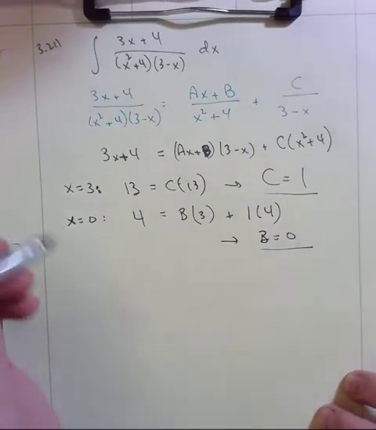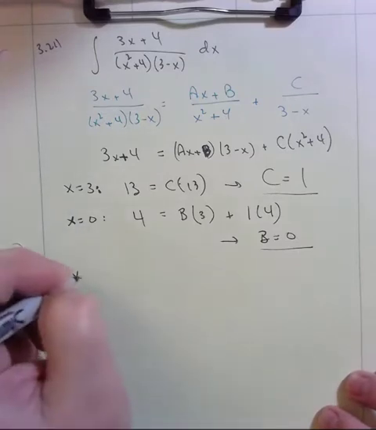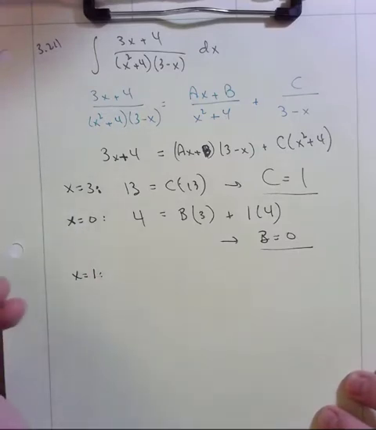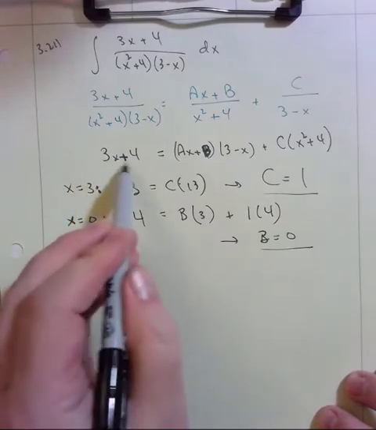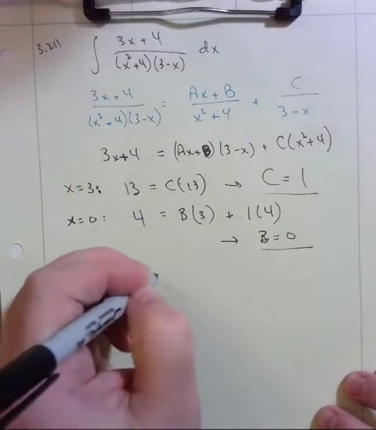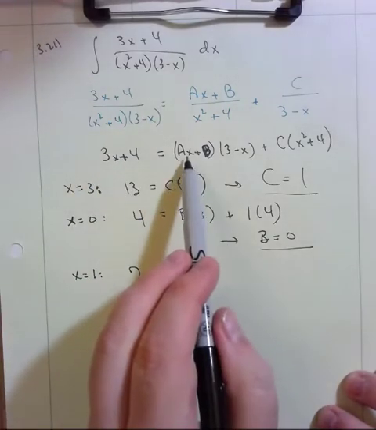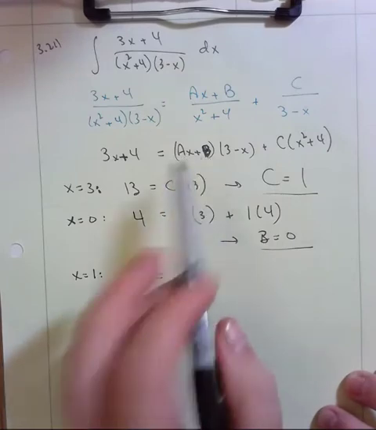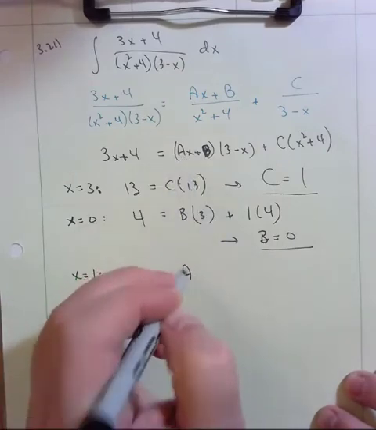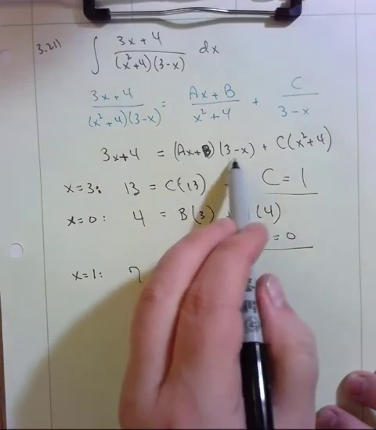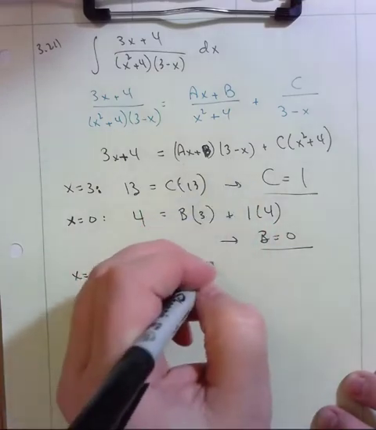And we need one more value of x. Well, we've already used 0 and 3. We can pick 117 if we want to, but that would be ridiculous. How about 1? When x is 1, that looks like a 7. When x is 1, this is a plus b, but we know that b is 0. And when x is 1, that looks like a 2.